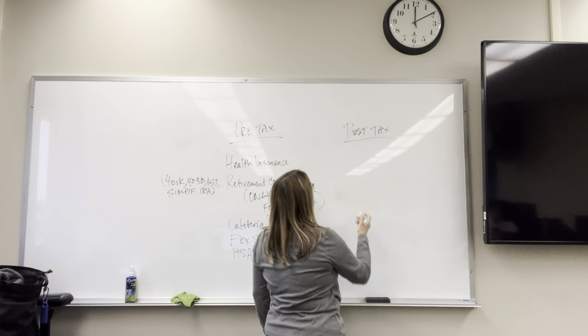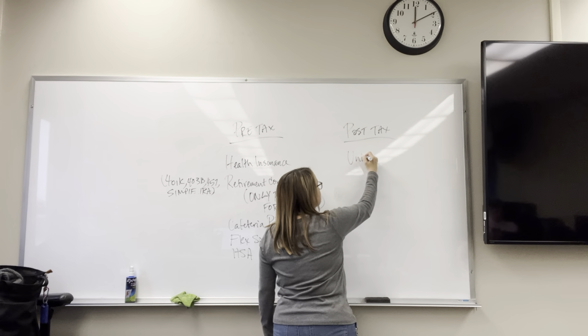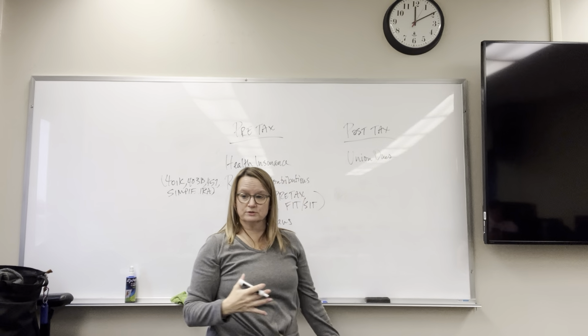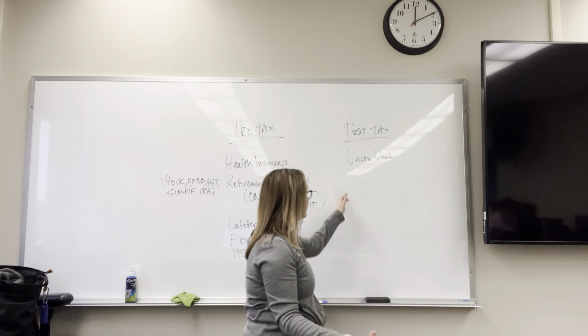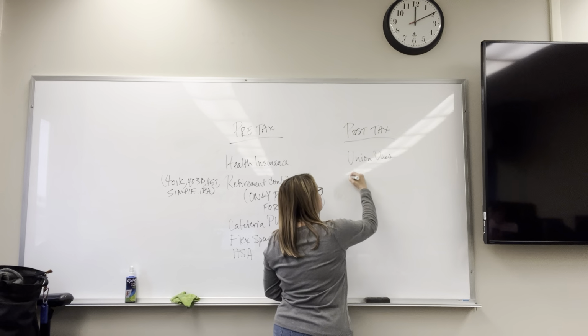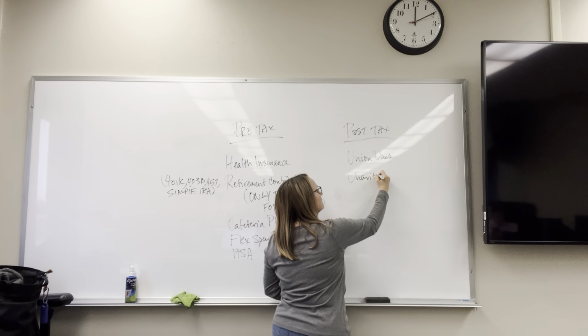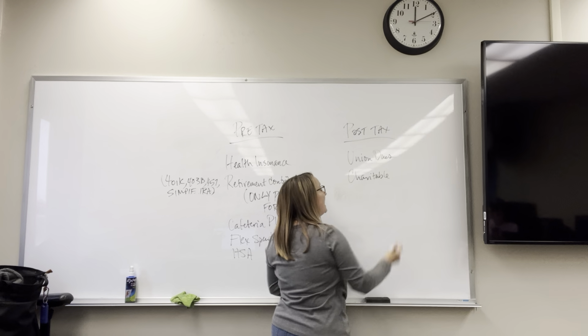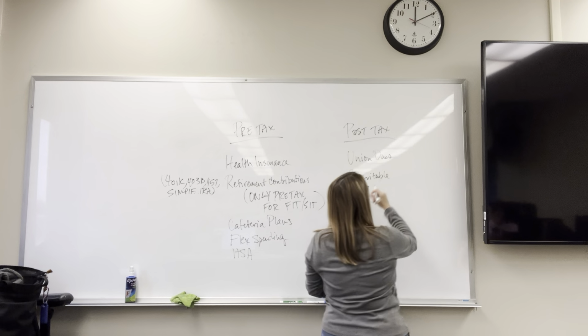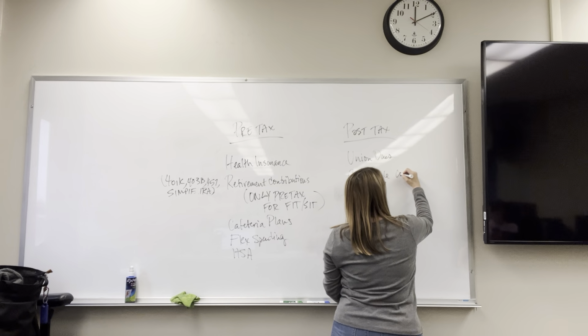Post-tax. Things like union dues. They're not tax sheltered, so they would be subtracted after the tax has already been calculated. Charitable contributions, if you have them directly withheld from paychecks.